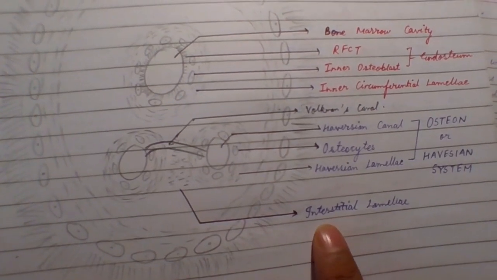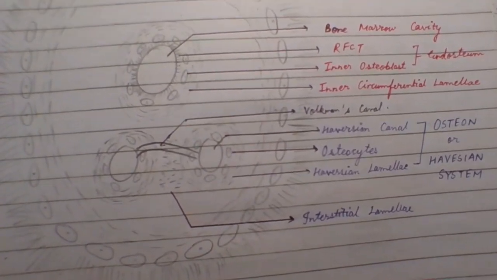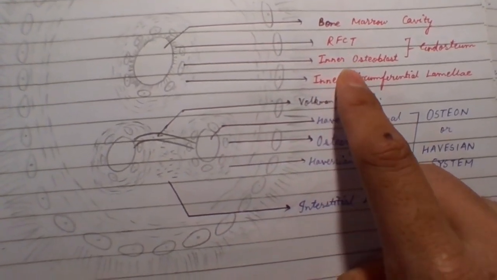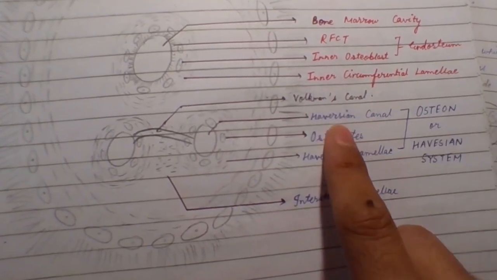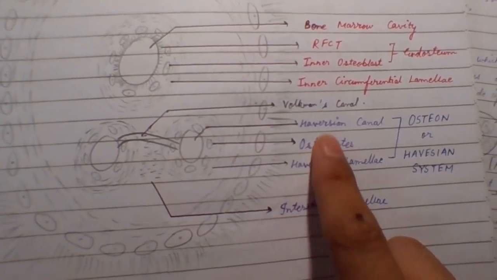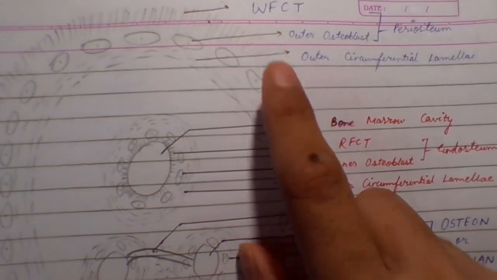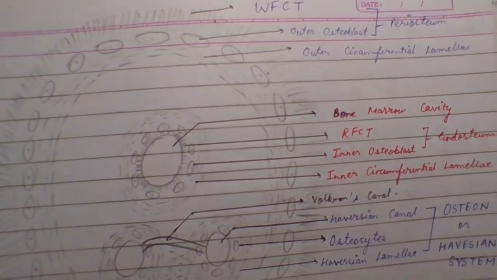So that matrix is known as interstitial lamellae. Okay. Now, one more important thing, reticular fibrous connective tissue and inner osteoblast together are endosteum, and Haversian canal osteocytes and Haversian lamellae together are known as osteon or Haversian system. Similarly, WFCT and outer osteoblast all together are known as periosteum.